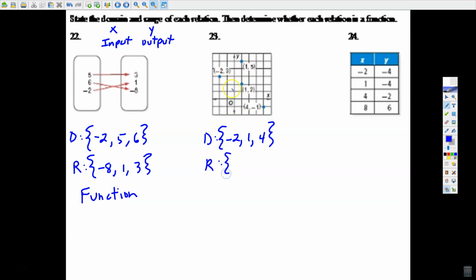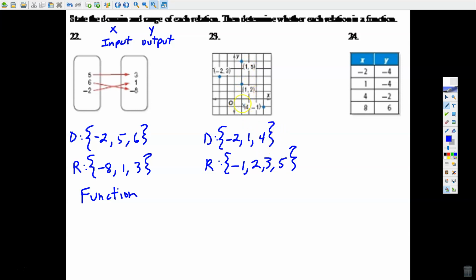And for the range, those are the y coordinates. So going low to high, that would start with -1, +2, +3, +5. Now this one, if you notice, there's a repeat. The number 1 appears twice in the domain.